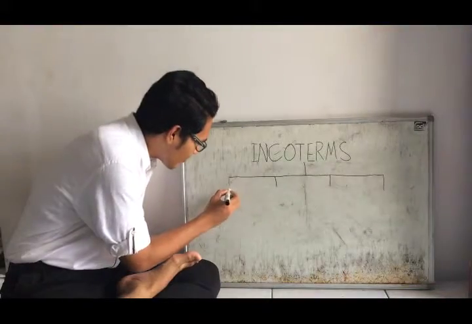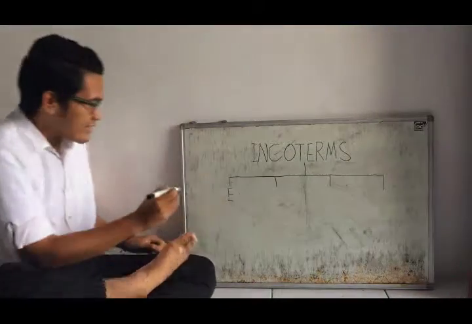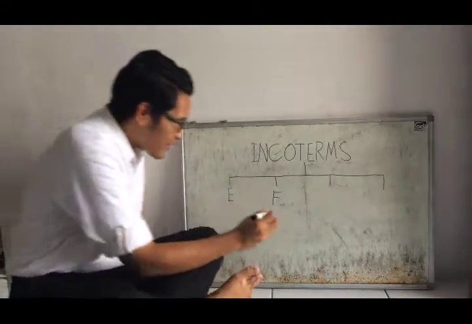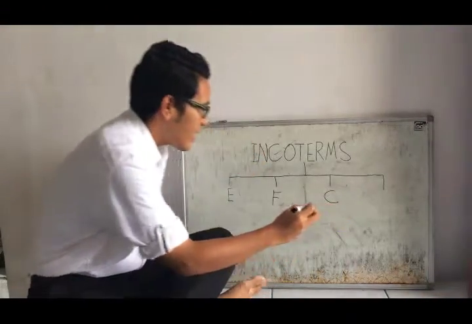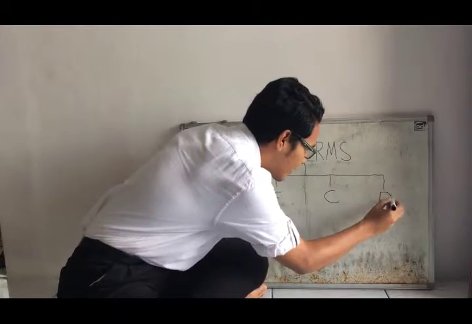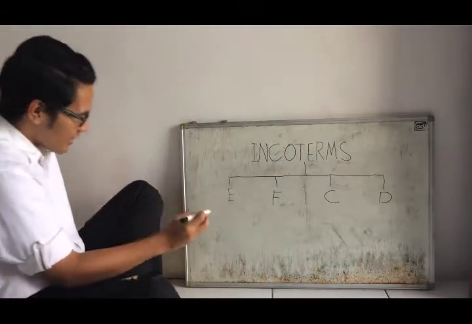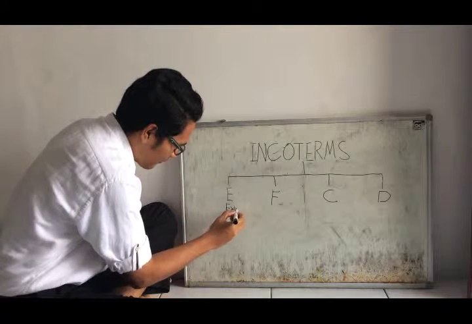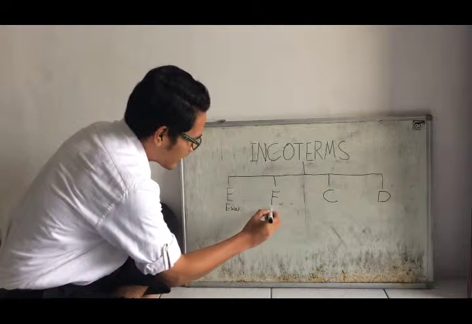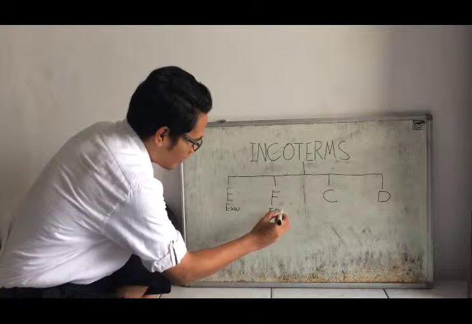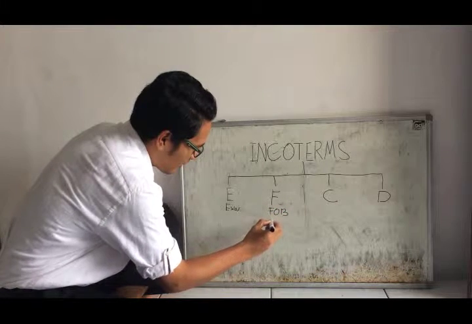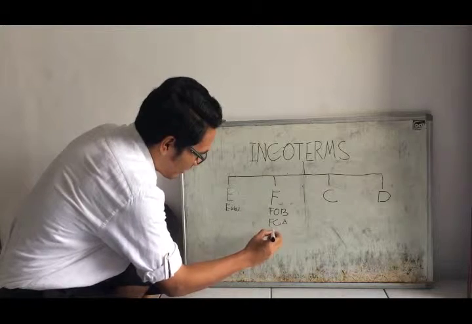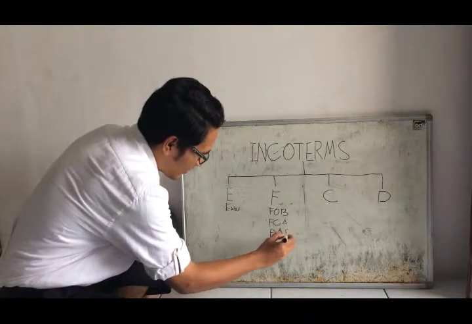First group is Group E, and second is Group F. Third is Group C, and last is Group D. In Group E, there is EXW. In Group F, there is FOB, FCA, and FAS.